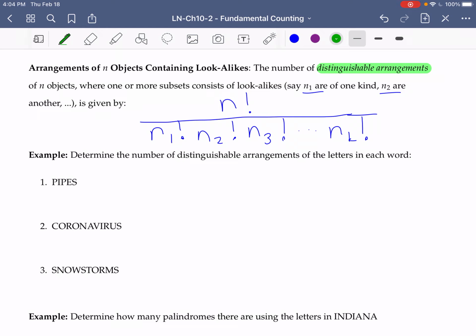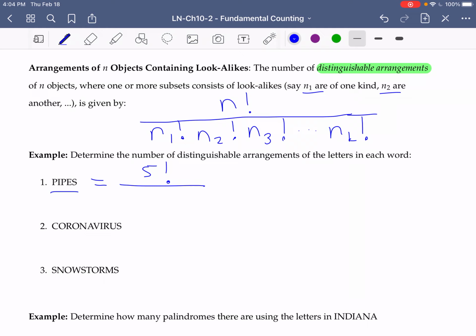Our first example: let's determine the number of distinguishable arrangements of the letters in the word pipes. How many letters are there in the word pipes? There are 1, 2, 3, 4, 5 letters, so we'll have 5 factorial on top. Now we identify the number of each different type of letter.